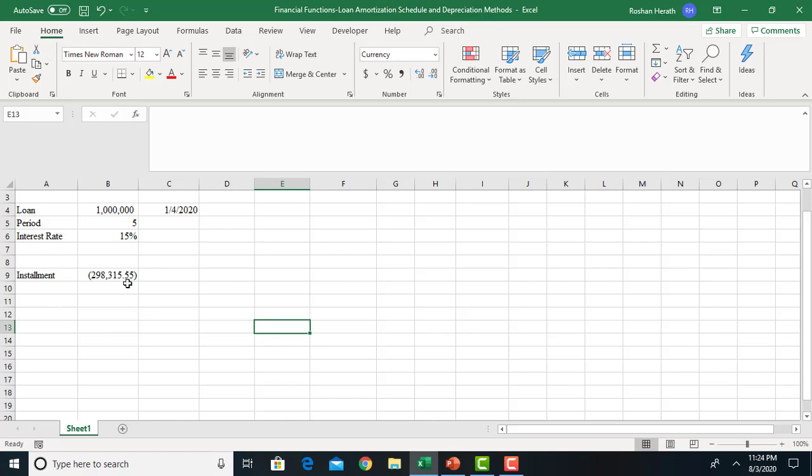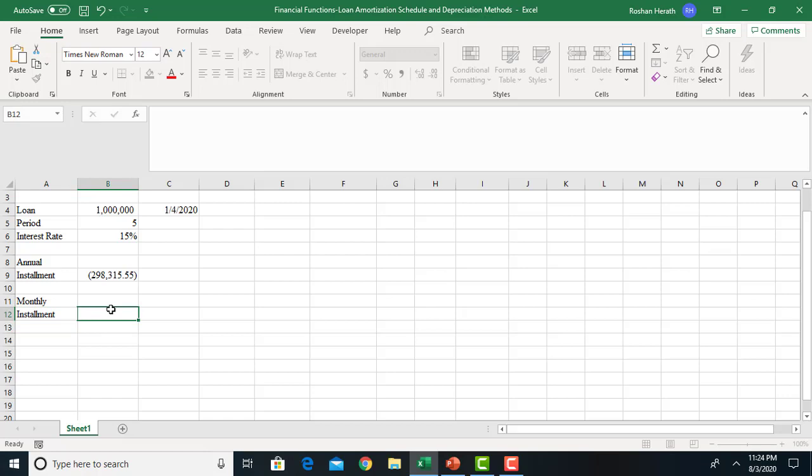Then let's say that you want to identify a monthly installment, rather than an annual installment. In that particular case, you can again take the PMT function.